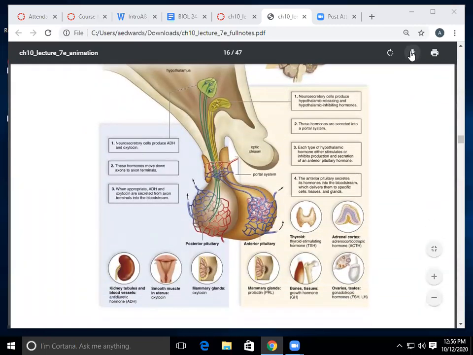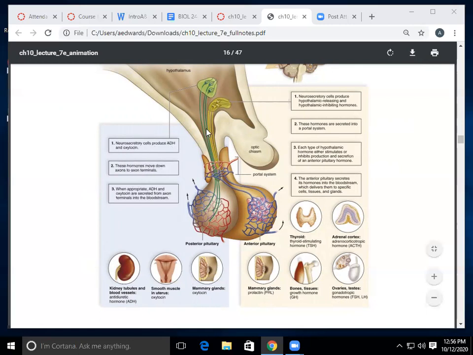Okay, so here's a picture of your pituitary. You can see the hypothalamus up here, posterior pituitary, anterior pituitary. Okay, so again, with the posterior pituitary, neurosecretory cells make the antidiuretic hormone and oxytocin.